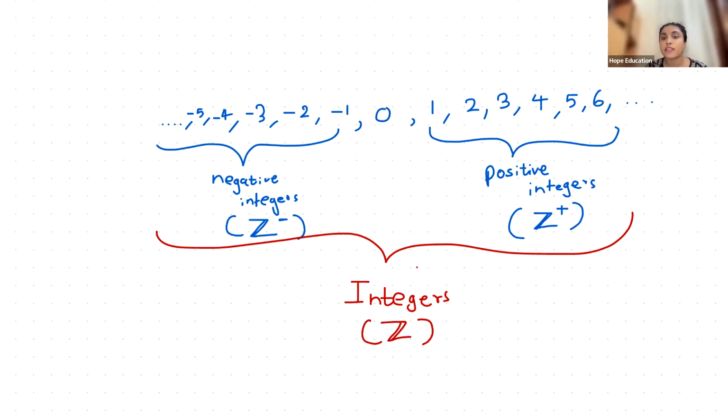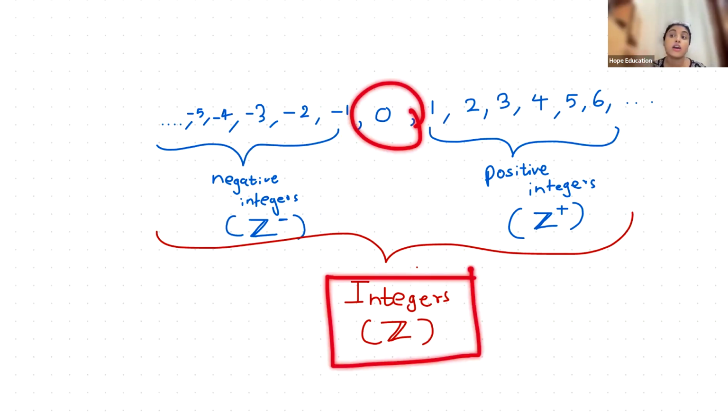So all of these together, we call them integers. The symbol is Z. The positive values we call positive integers, the symbol is capital Z plus. The negative values, we call them negative integers. The symbol is capital Z minus. And 0 is just there at the middle. 0 belongs to integers, but 0 is neither a positive integer nor a negative integer.